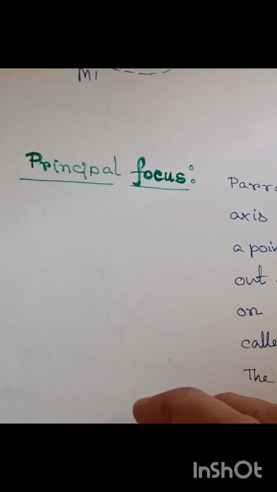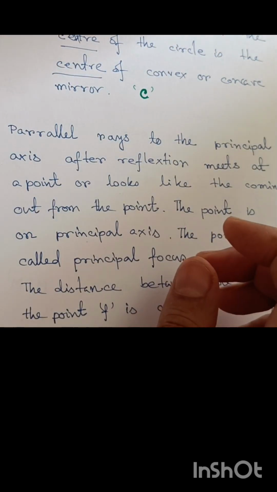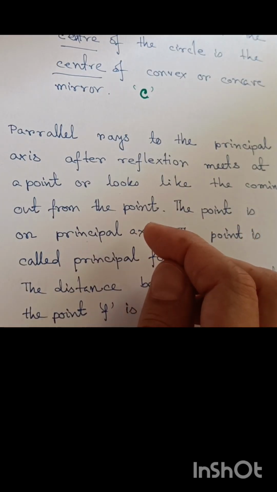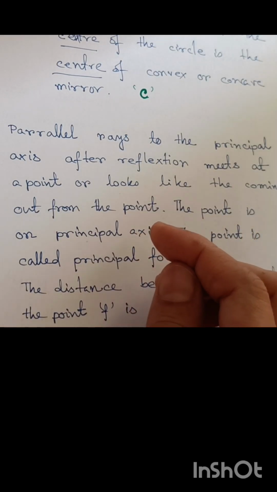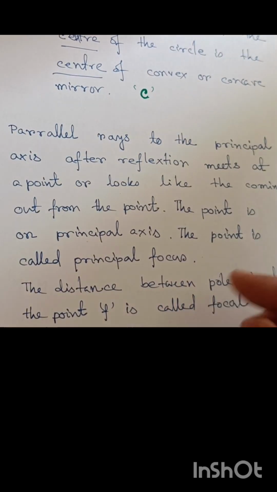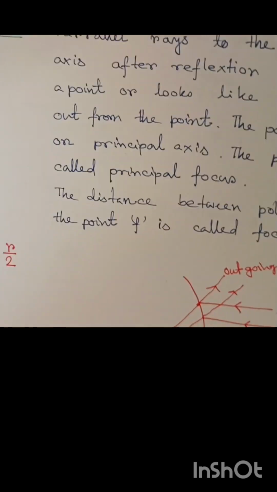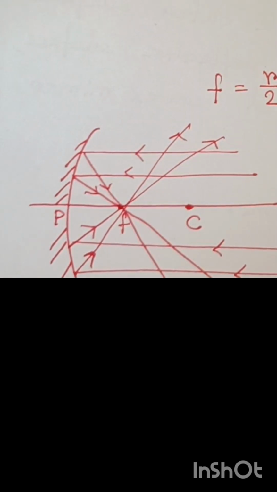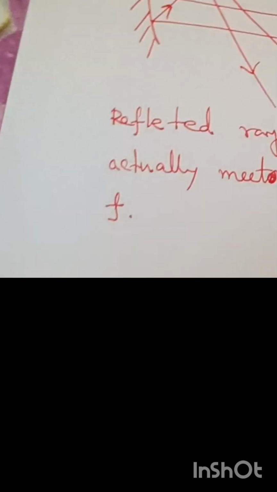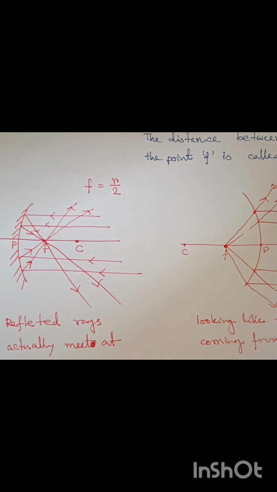Principal focus: when rays parallel to the principal axis, after reflection, meet at a point or look like coming out from that point, the point is on the principal axis and is called the principal focus. The distance between the pole P and the point F is called focal length, and F equals R by 2. We can prove that in another session.